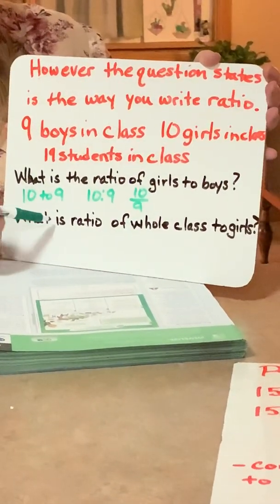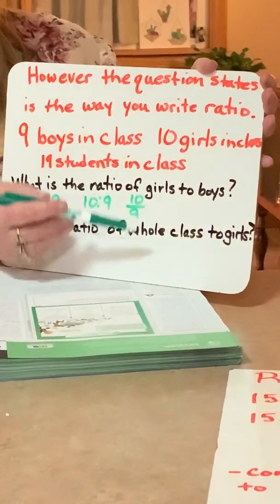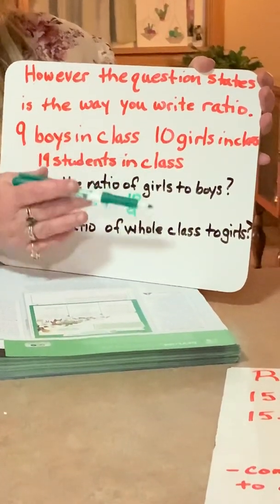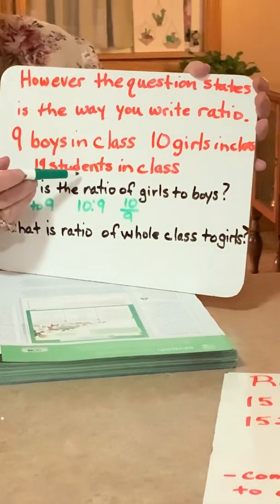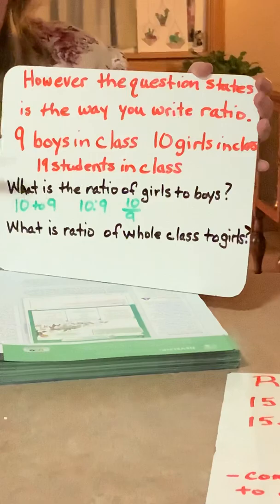This one says, what is the ratio of whole class to the girls? Well, the whole class has 19 and the girls have 10. So you're going to write 19 to 10.